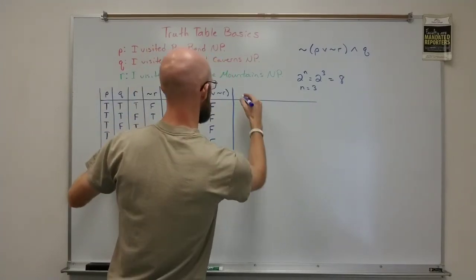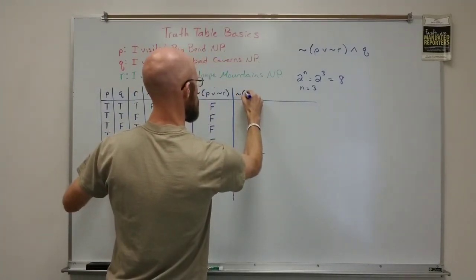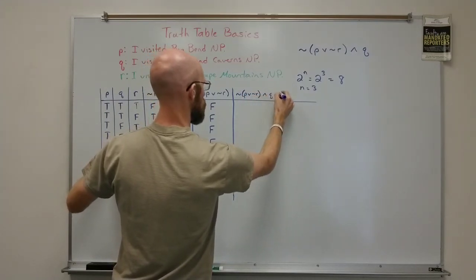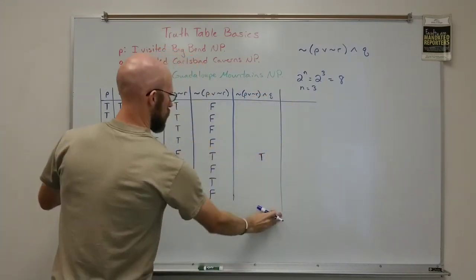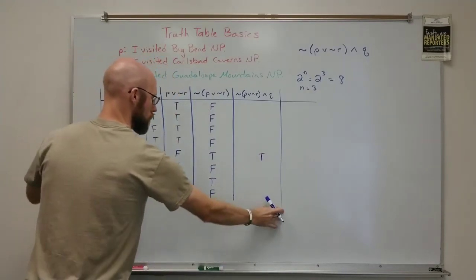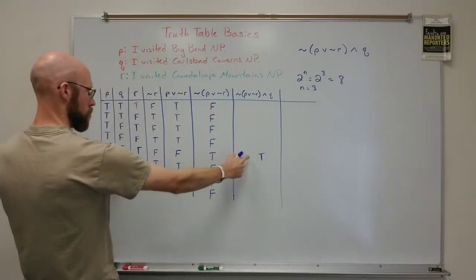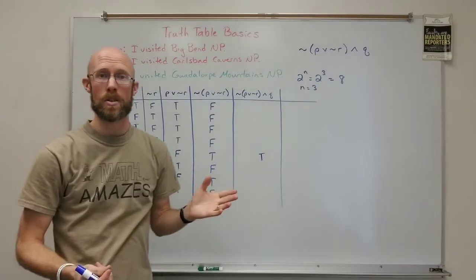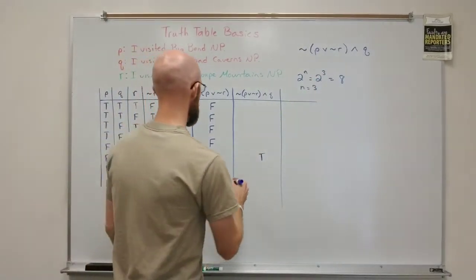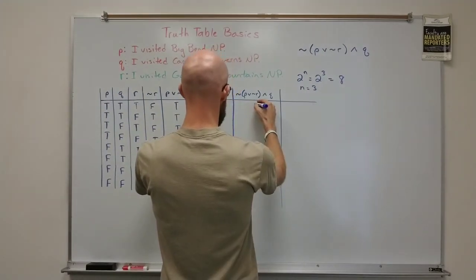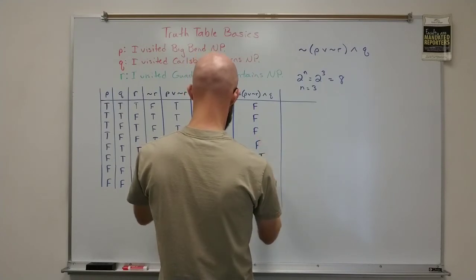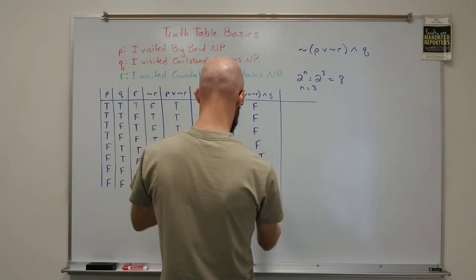So that's going to be true. I should write the statement, not P or not R, and Q. Yeah, whatever. Close enough. So those two are true, not there, not there, not there. So there's only one case where that's a true statement, and everything else is false. So false, false, false, false, false, false, false.